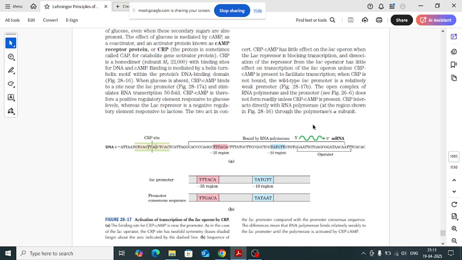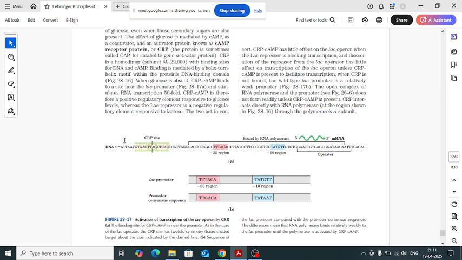Normally in this operator region, the lac repressor comes and binds, so the RNA polymerase cannot bind to this promoter region when there is no lactose. When there is no lactose, the repressor will occupy this place, which is called the operator, so RNA polymerase cannot bind. But when this repressor is removed, then the RNA polymerase will bind and the expression will continue, right?